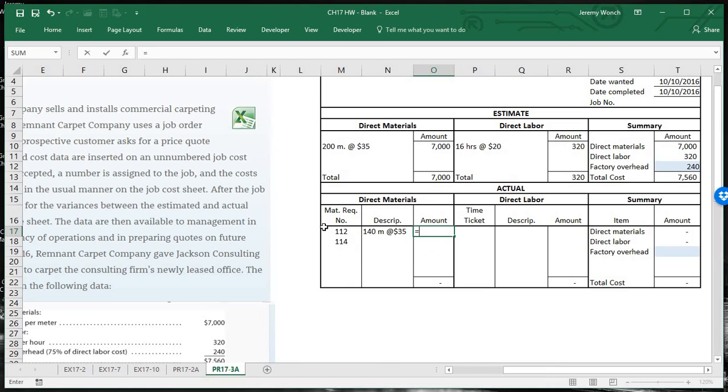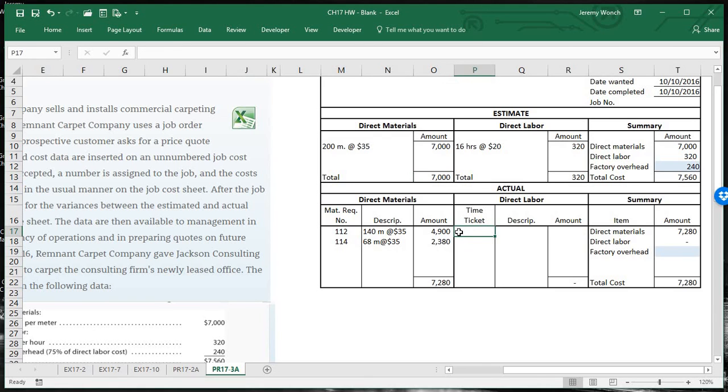And so that is going to be 140 times 35. And then we did 68 meters at 35. So the actual direct material cost was $7,280 compared to what we estimated of $7,000.